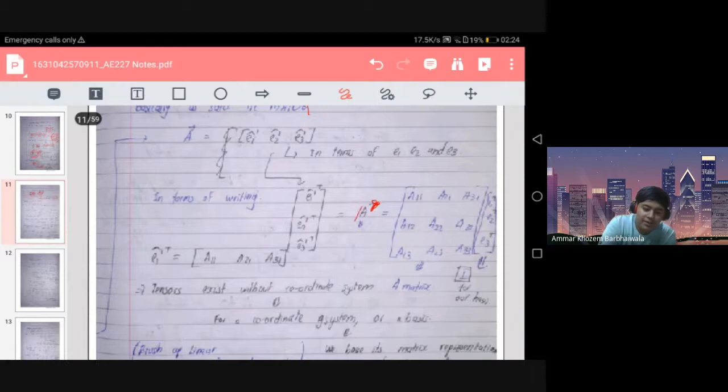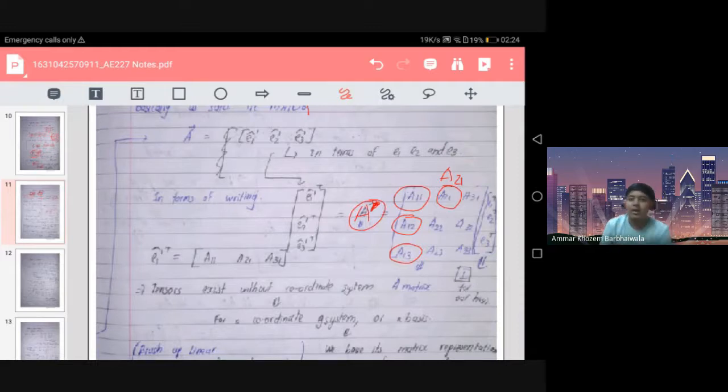If I were to represent A as a matrix, I would place the A11 component here, and the A21 component here. Note that this is the A21 component, and the A12 component is right here. This is the opposite convention of what we did in MA106, but this is how we define the matrix representation of a tensor. A is a tensor, right?